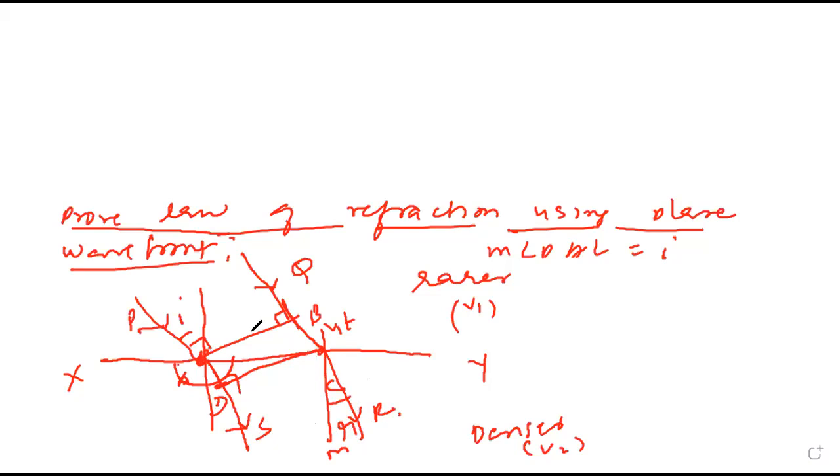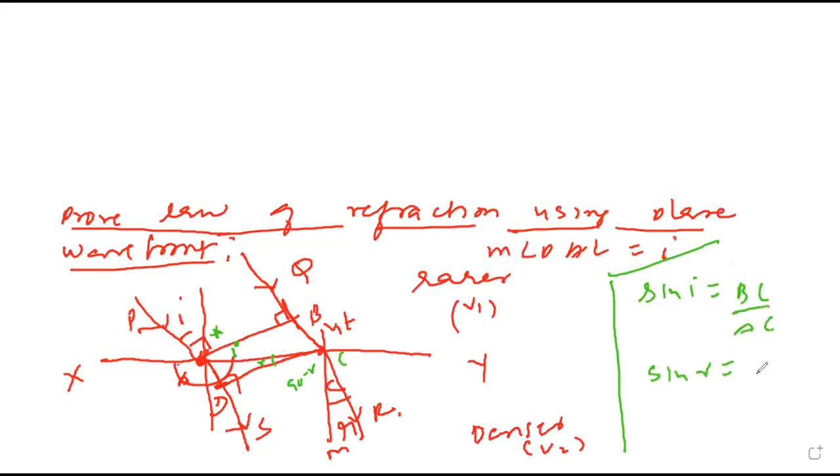Now I have to prove sine I upon sine R equals constant, which is called refractive index. So this is I. Therefore this angle is 90 minus I. This will become I. This is R. 90 minus R. This angle is R. So from figure, sine of I is opposite side BC upon hypotenuse AC, and sine of R is opposite side AD upon hypotenuse AC.